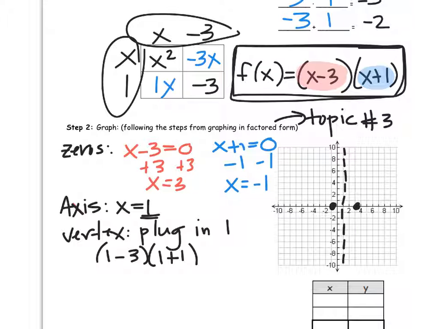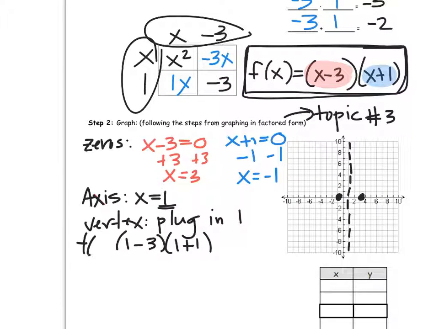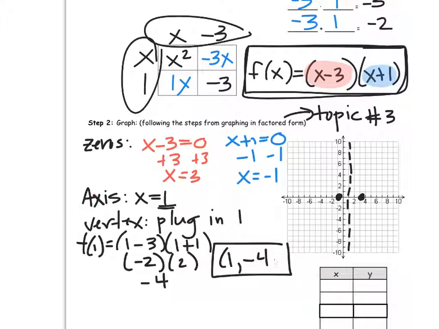And what I'm really finding is f of 1. Okay, so 1 minus 3 is negative 2. 1 plus 1 is positive 2. I get negative 4. That means the point I plot is 1 comma negative 4. I'm going to put that immediately actually into my table, 1, negative 4. And it should be right on the vertex, or right on the axis of symmetry.